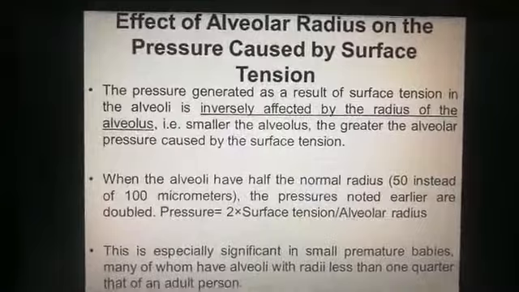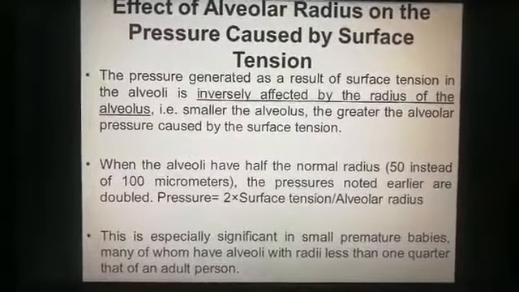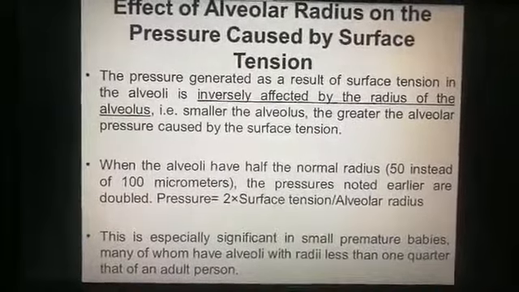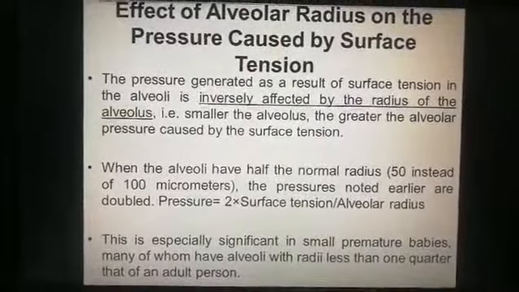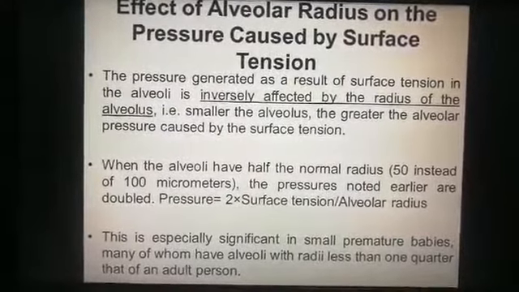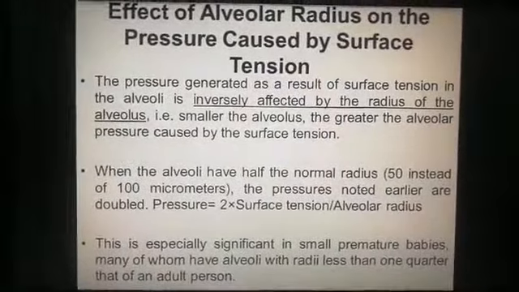Effect of alveolar radius on the pressure caused by surface tension. It has an inverse relationship with the radius of the alveoli. So the smaller the alveolus, the greater the alveolar pressure caused by the surface tension.